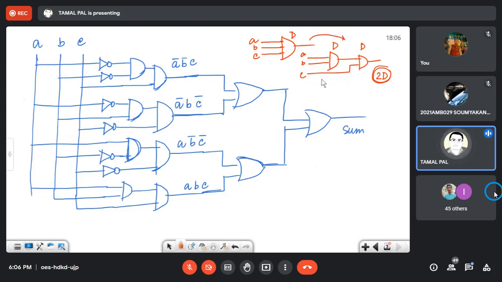I think you can understand the meaning, because each circuit introduces some delay when a signal passes through an electronic component.